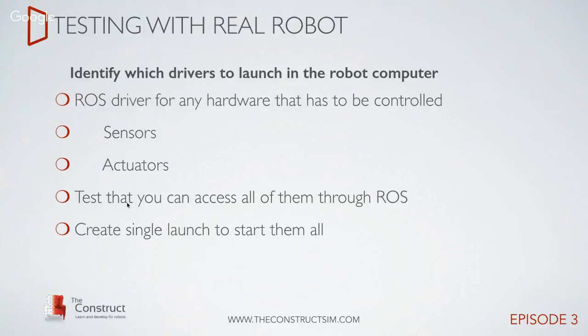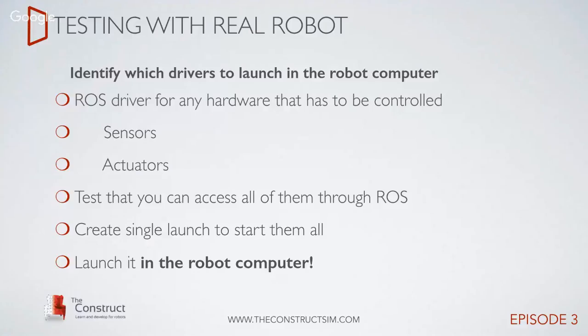Then create a single launch file for each one of the sensors and actuators that you have, and launch each one separately and test it. When you have every one of those working, then you create a single launch file that starts them all. By doing this, you are going to save a lot of time.